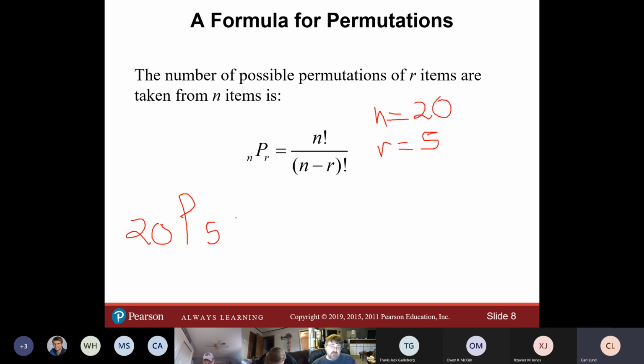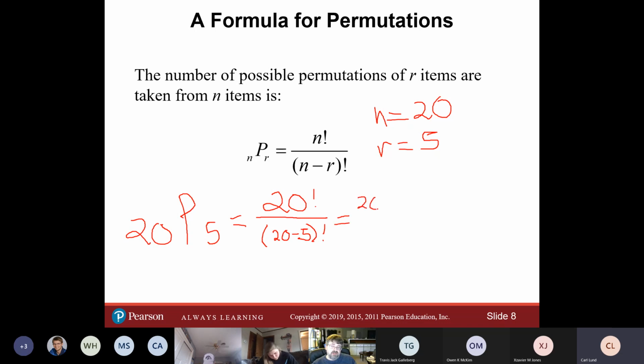And to find this out, we plug these into this formula. The numerator is 20 factorial. The denominator is in parentheses 20 minus 5, so that's going to be 15. Outside of parentheses, factorial.